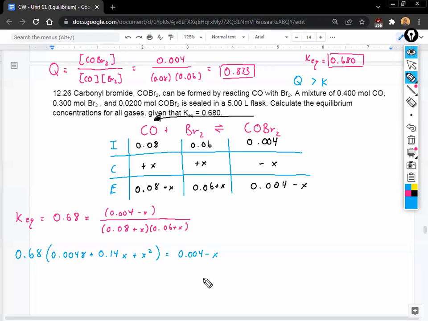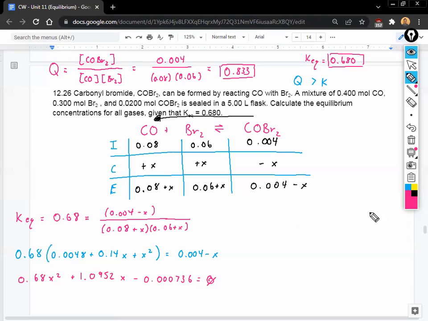And if we simplify the quadratic so that it equals 0, you should end up with 0.68 x squared plus 1.0952 x minus 0.000736 equals 0. Our numbers might be off by a little bit, maybe rounding errors, but this is what your quadratic should look like. Let me know if I made any mistakes.